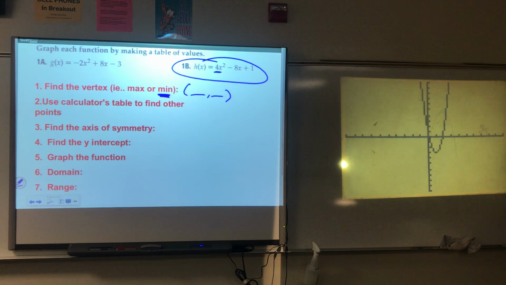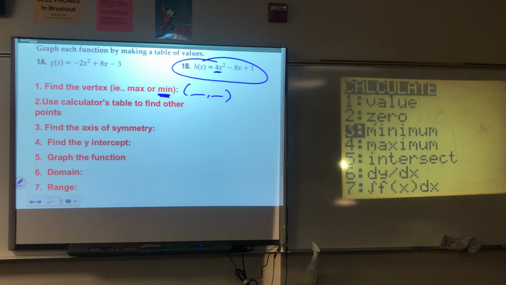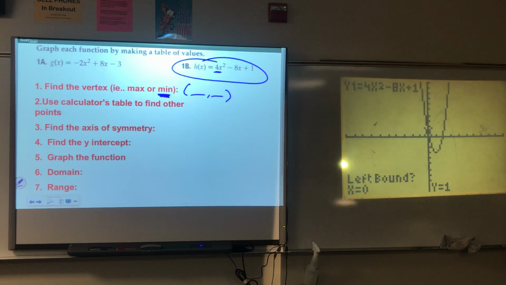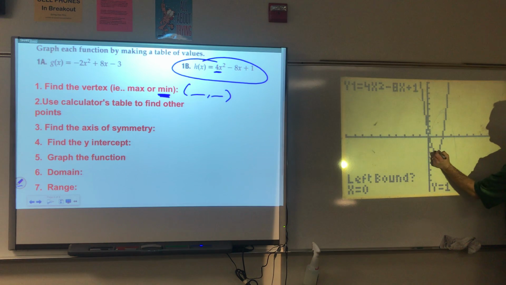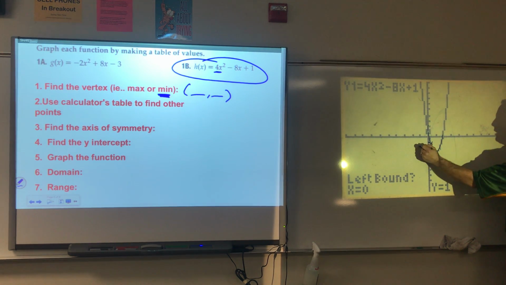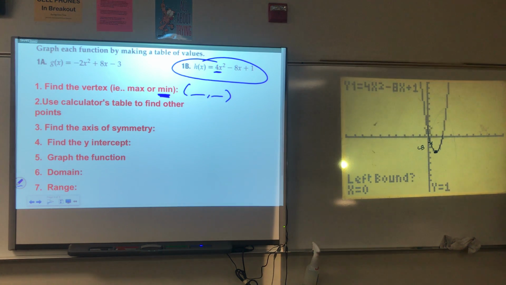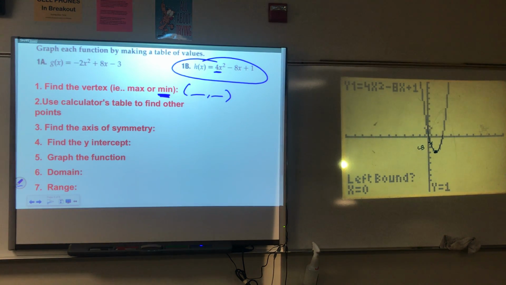If I press second trace again, and this time I choose number 3, minimum, it's asking me for a left bound. Well, remember, right down here is our vertex. On one that opens up like this, the left bound is going to be on the left side. So I'm going to move my cursor, I usually go within a click or two, down there for the left bound, and press enter.